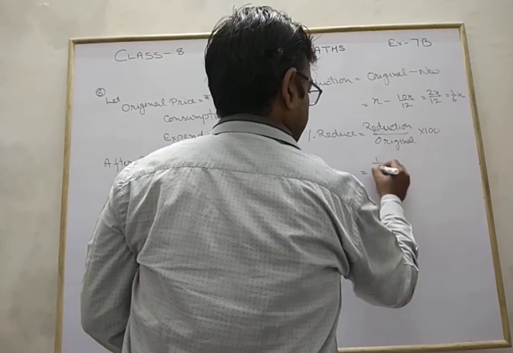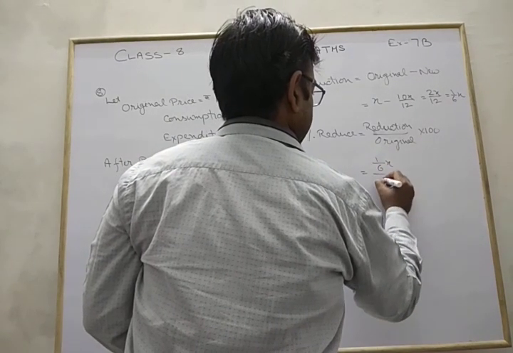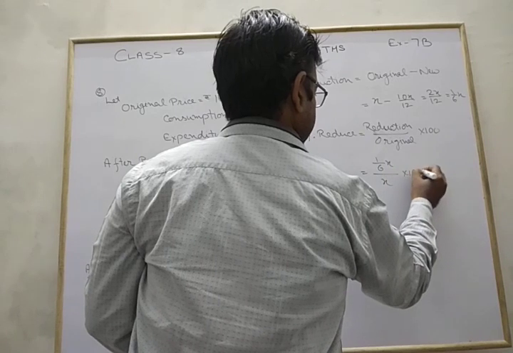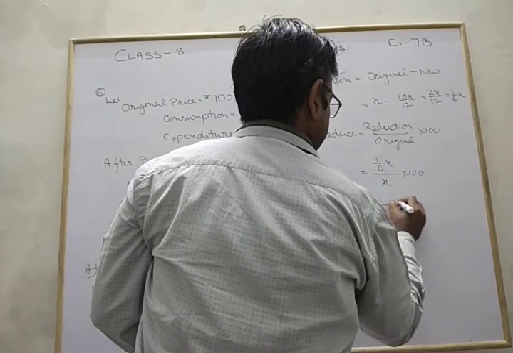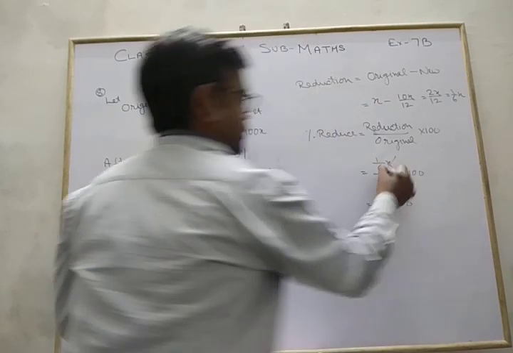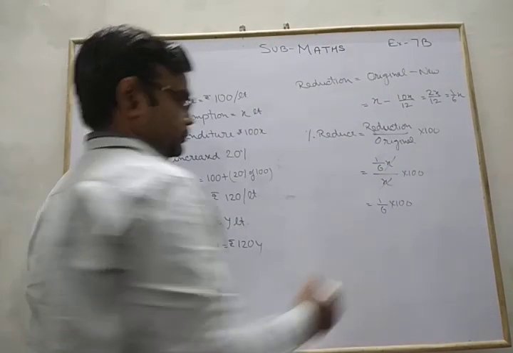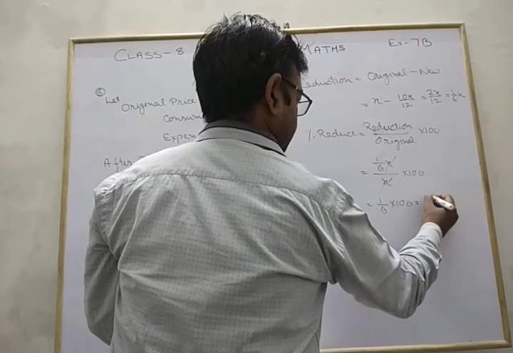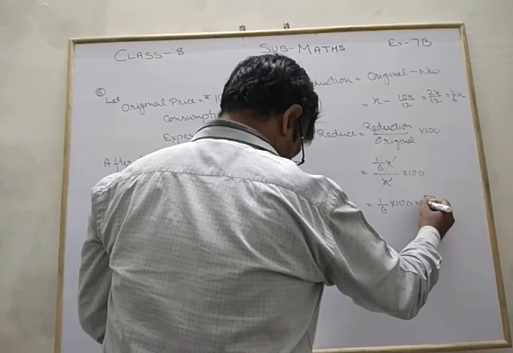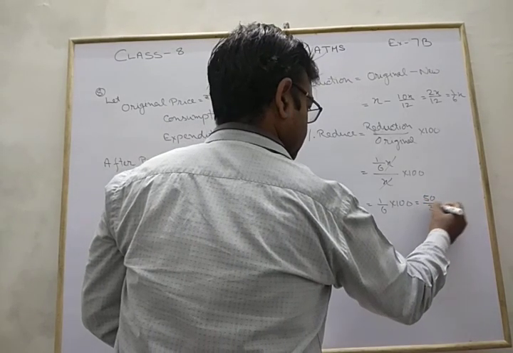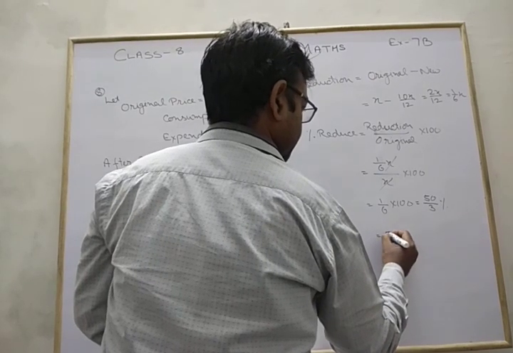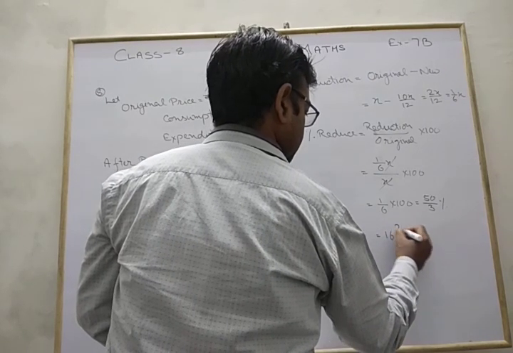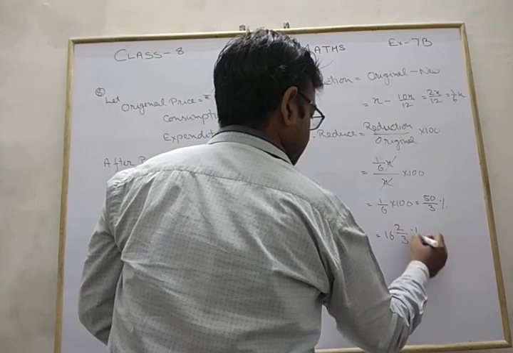It's 1 upon 6x upon x into 100. It's 1 upon 6 into 100. X cancels each other. So it's 50 upon 3%. And we simplify, it's 16 and 2 upon 3%.